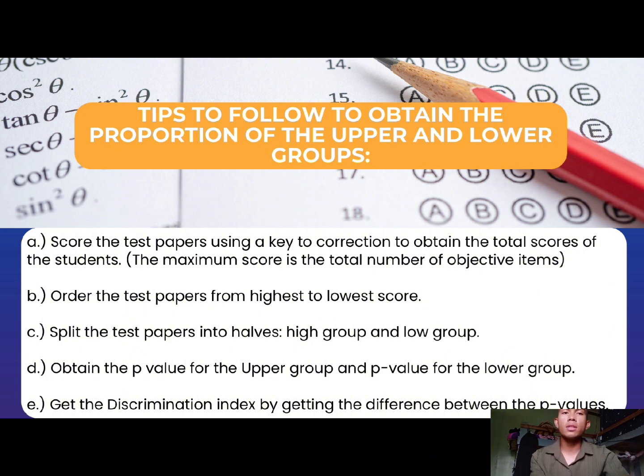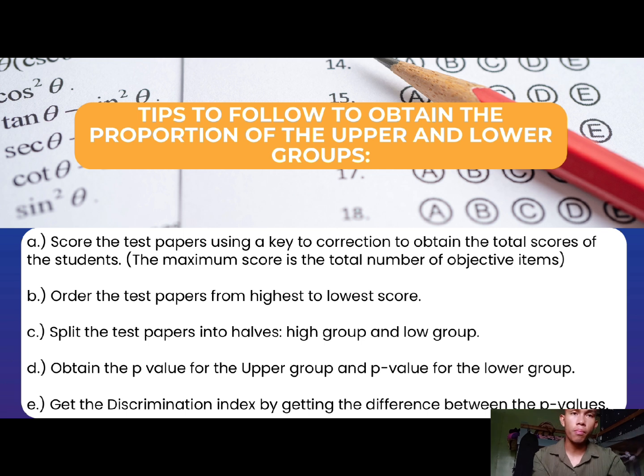If 9 students in the upper group answered an item correctly, the p-value is 9 over 10, which equals 0.90 or 90%. If 5 students in the lower group answered the same item correctly, the p-value is 5 over 10, which is equal to 0.50 or 50%.